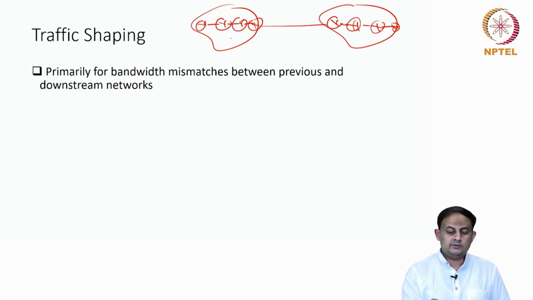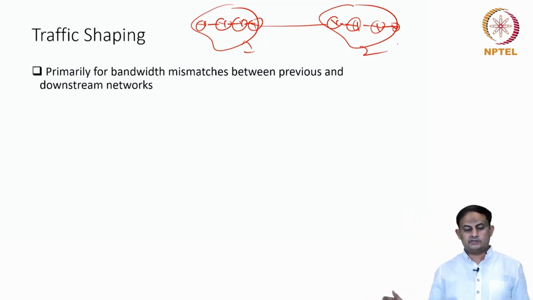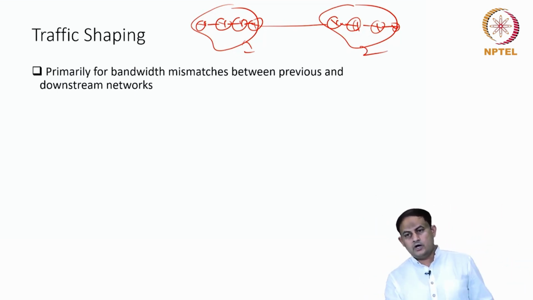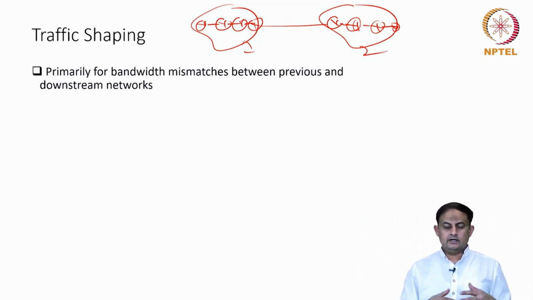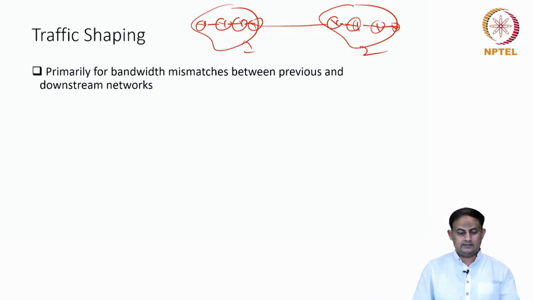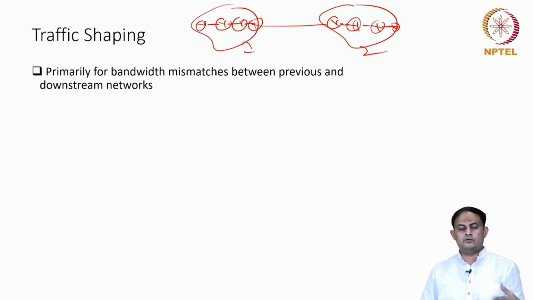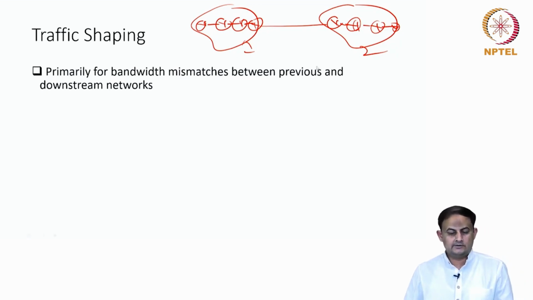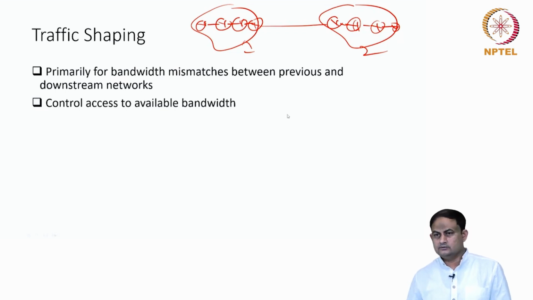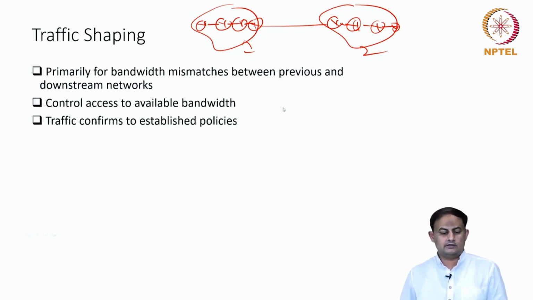So there is a transmission rate mismatch between network 1 and network 2, and particularly the downstream routers are not able to handle the capacity. At that time you do not want to burden the downstream router, and that is when shaping is actually done. Again, shaping uses the same leaky bucket or token bucket algorithm.